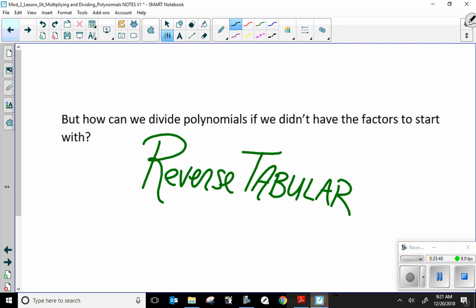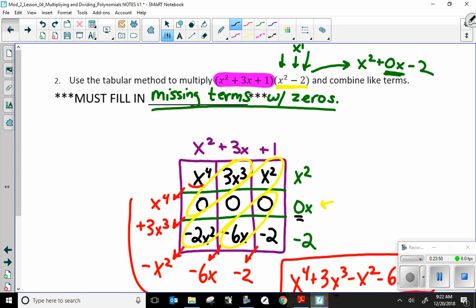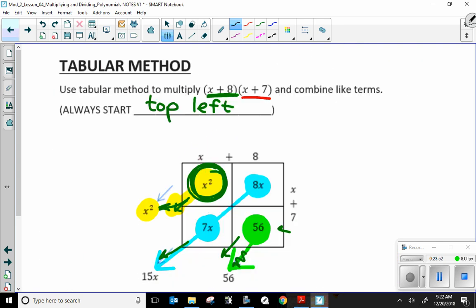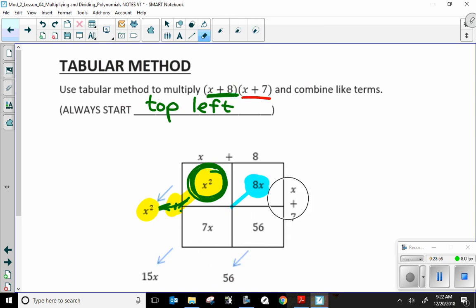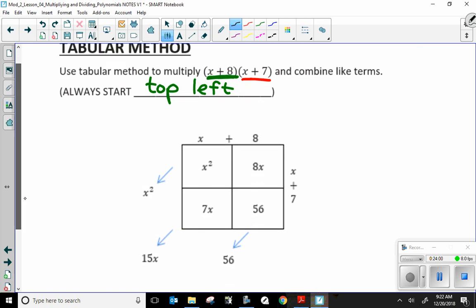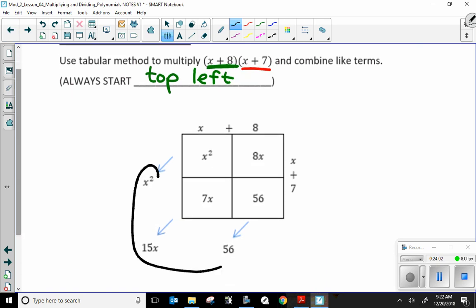When I do tabular multiplication, here, let's erase this. It's all nice and clean. When I do tabular multiplication here, what is my product? My product is what's wrapped around the outside. This is my product, okay? This is a factor that I'm multiplying times this other factor, okay?